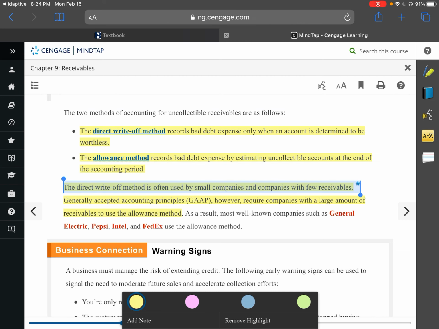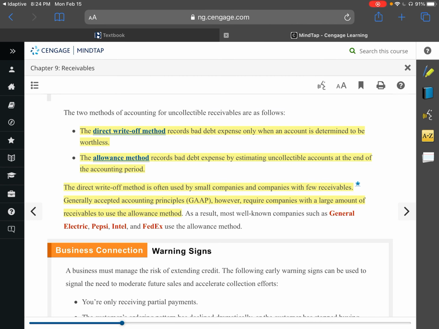So the direct write-off method is often used by small companies and companies with fewer receivables. That's what I already said. GAAP, generally accepted accounting principles, require companies with a large amount of receivables to use the allowance method. All right, and we're going to get into kind of why that is.